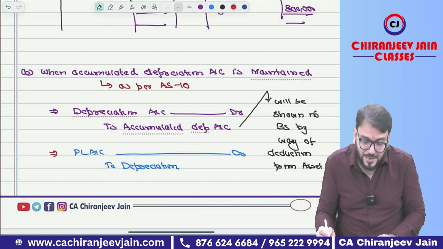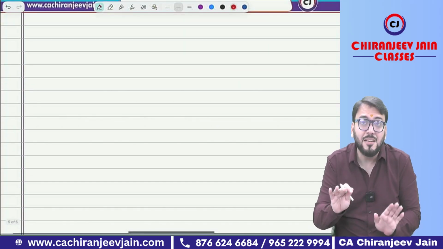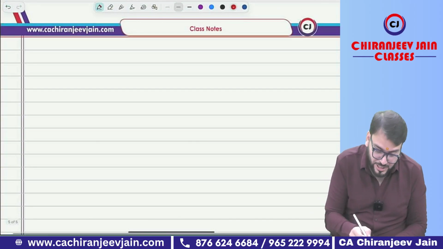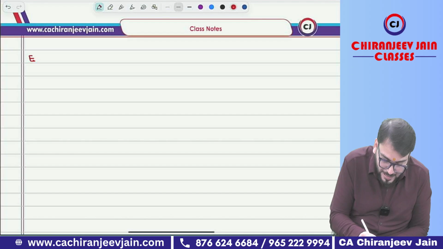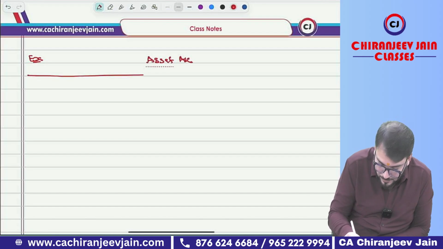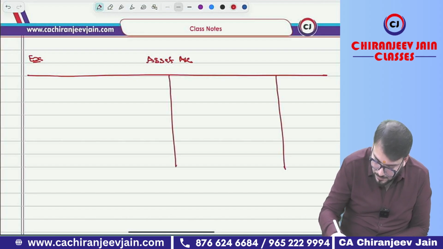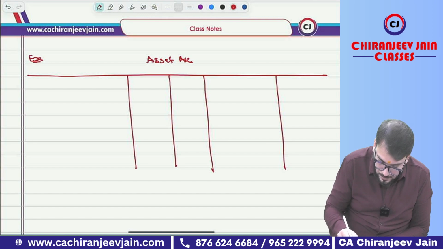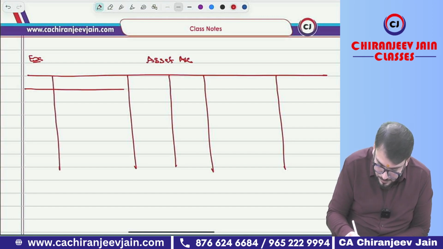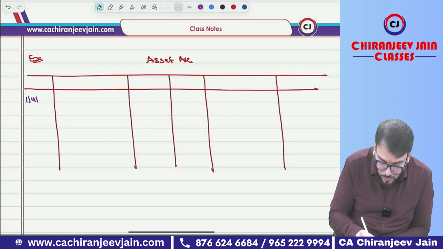Means in this case if I take the same example and let us prepare the asset account. So in this case, if I prepare the asset account, the same example, asset account, it was purchased on 1/4/2024 to bank.